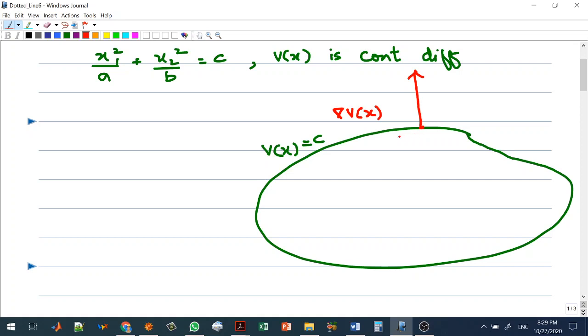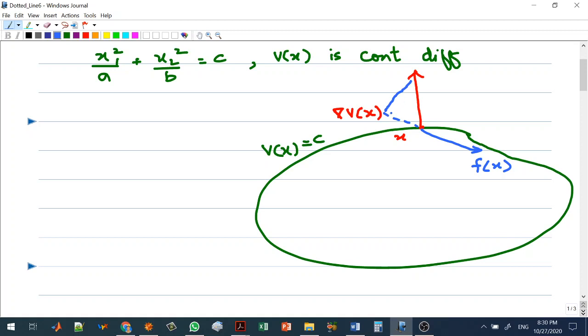So if at this point x, our trajectories are pointing inwards, then the projection of the gradient of V along this vector field f(x) is going to be like this, right?